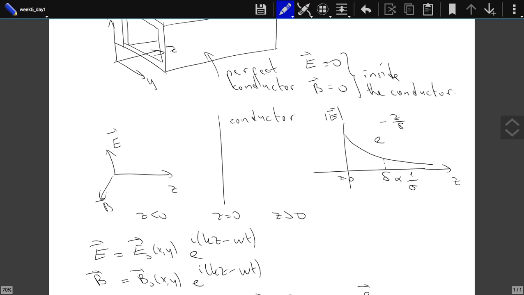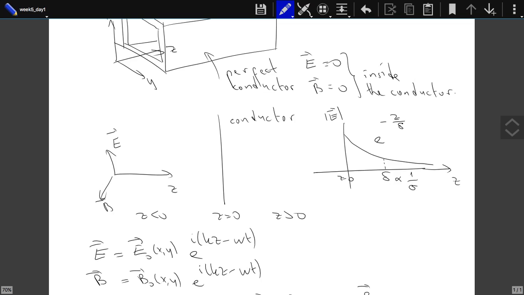But remember Lenz's law. It means that a changing magnetic field induces currents to oppose the change. Now, a perfect conductor will be also perfect in opposing that change. So there will be currents, but those currents will be such that it will keep the magnetic field constant.